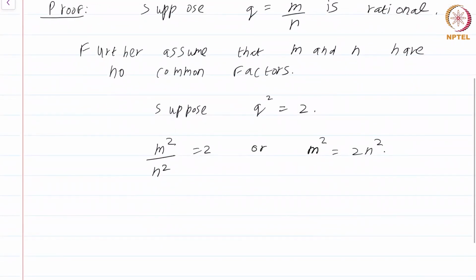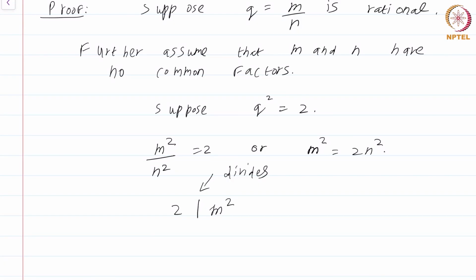Okay? Now what does m squared equals 2n squared tell us? It tells us that 2 divides m squared. This vertical line just means divides. Because the right hand side is 2n squared, 2 must divide the left hand side, which is m squared.